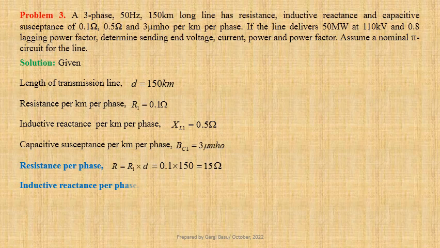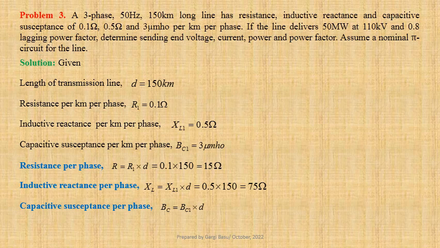Inductive reactance per phase XL equals XL1 into D. Using values we get 0.5 into 150, that gives us 75 ohm, and capacitive susceptance per phase BC equals BC1 into D. Using values we get 3 into 150, that is equal to 450 micromho, that is equal to 4.5 into 10 to the power minus 4 mho.